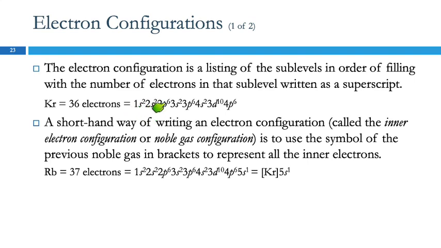The 2p room has 6 people. 3s has 2, 3p has 6, 4s has 2, 3d has 10, because the d sublevel has 5 orbitals, 4p6. Okay? So that's what an electron configuration means. It tells us where the electrons are in all the orbitals.